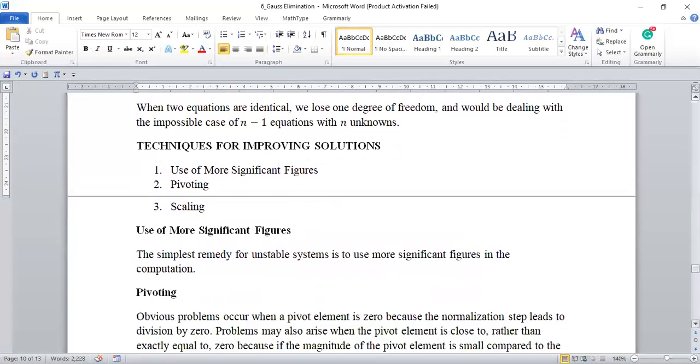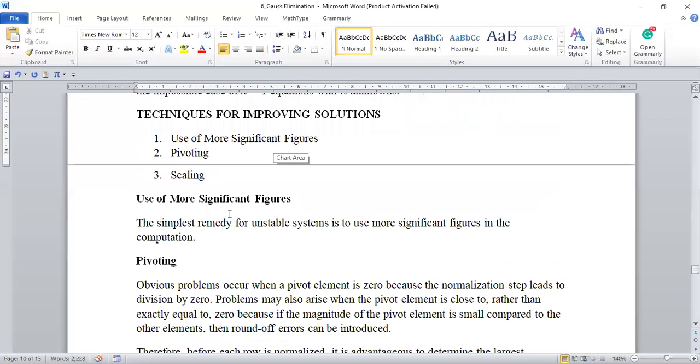So how do we improve the solution? Like I said, for the round-off errors and for the unstable systems, the simplest strategy is just to use more significant figures and more decimal places, because then the error propagation is going to be minimal.